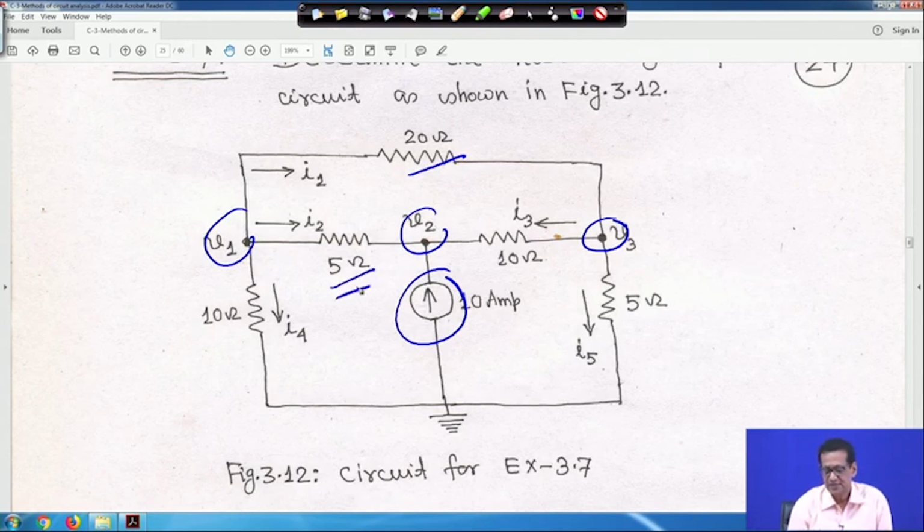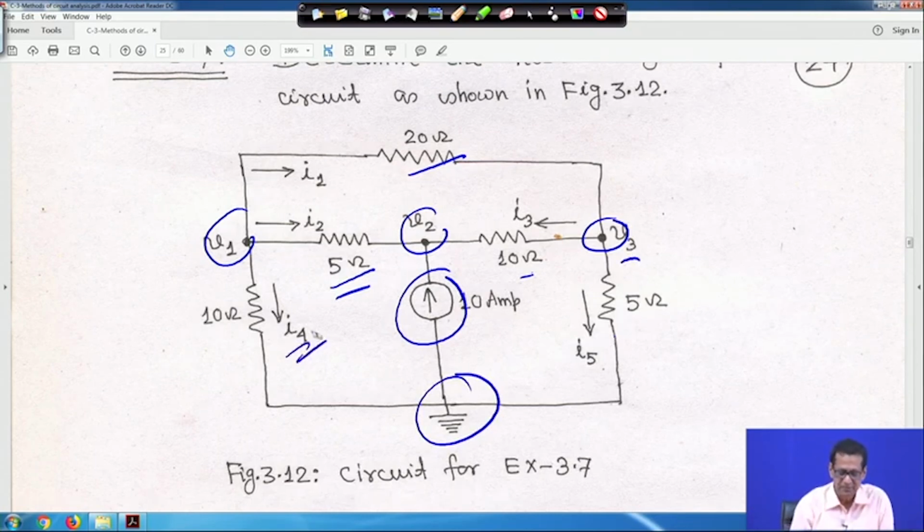I3, moving in this direction, will be (V3 minus V2) by 10. Similarly, I5 will be V3 by 5, because the reference node voltage is 0. I4 will be V1 upon 10, and the 10 ampere current source is entering.